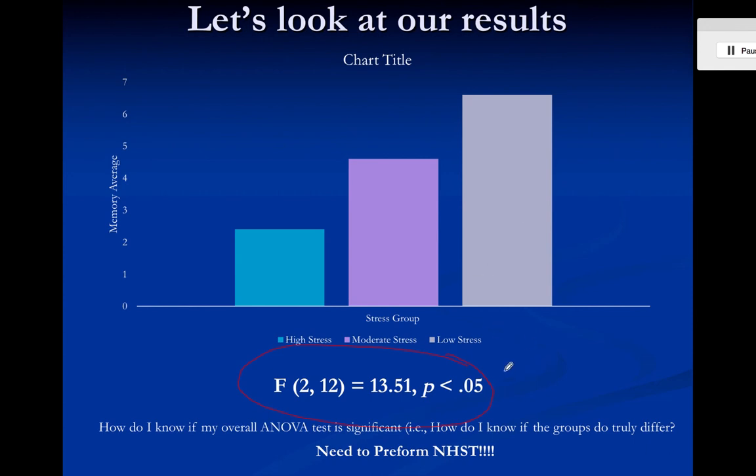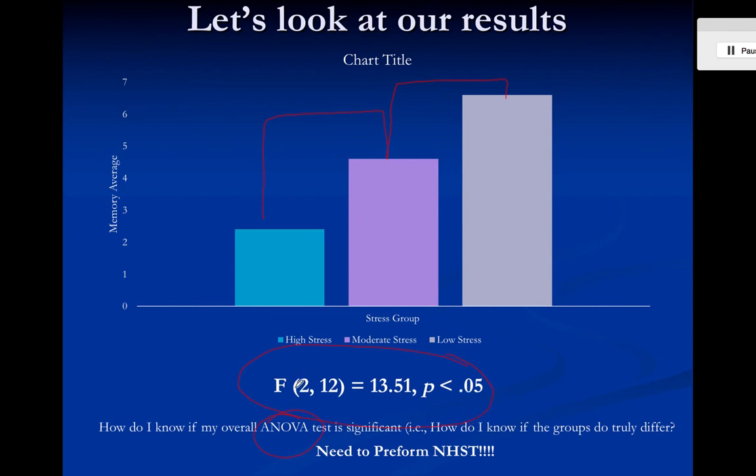Just like with our t-test, where we put it into the format of the statistical test, here I'm doing the same, but now I need to know what this means for me. In comparison of all three groups, so when I compare group 1, group 2, and group 3 across the board, not individually to each other, my overall ANOVA test indicated that there was a significant difference. How do I know that?